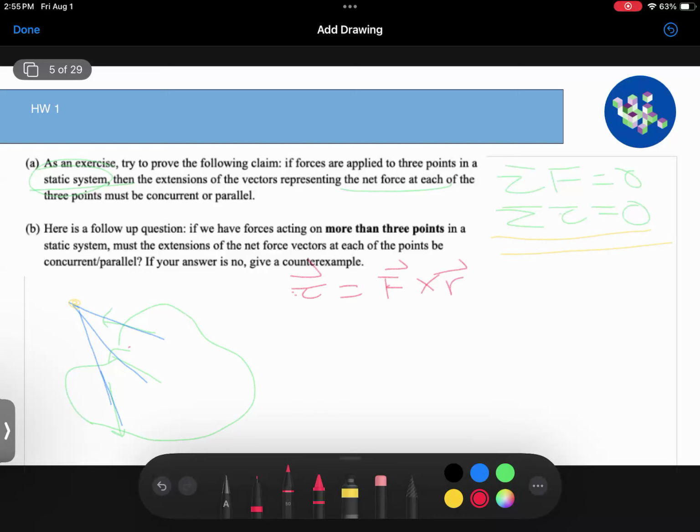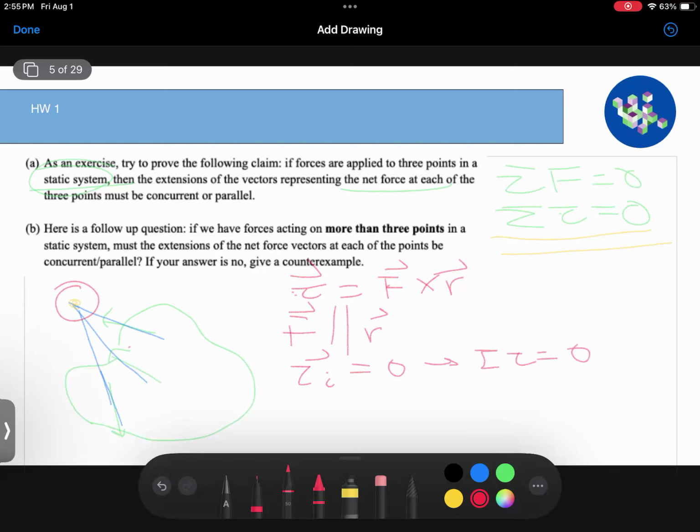Now, in this case, the extensions of the net force vectors are parallel to the radius vector, because they all meet at the same point. If you're taking torque about this yellow point over here, then F is parallel to R. What does that mean? Then the torque produced by each force is equal to 0, and so sigma torque is equal to 0.